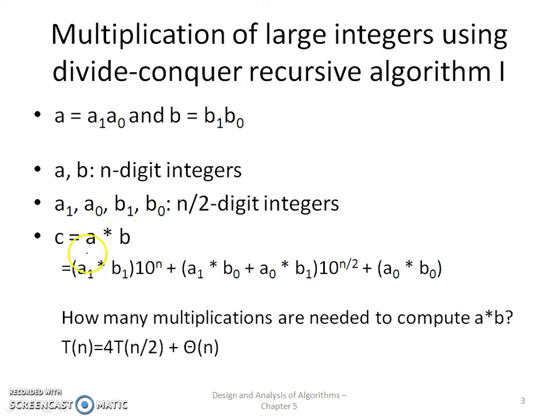And now we want to multiply them. So we would multiply them in a typical way, which is a1 into b1 into 10 raised to n, which means we are multiplying the first half digits and then multiplying it by 10 raised to n, followed by the middle numbers, wherein we say a1 into b0 plus a0 into b1 into 10 raised to n by 2, and then the last part, a0 into b0.